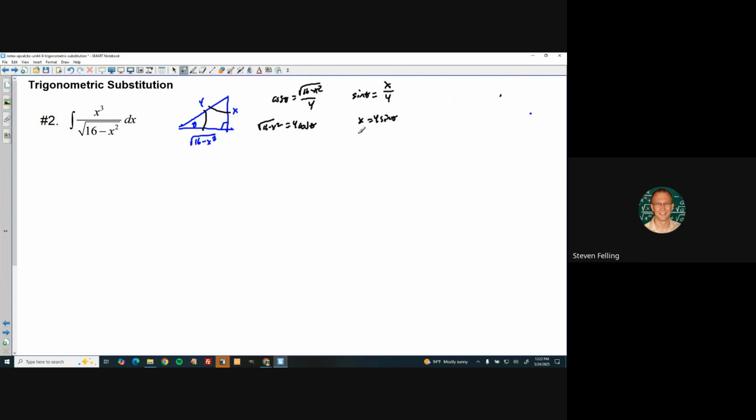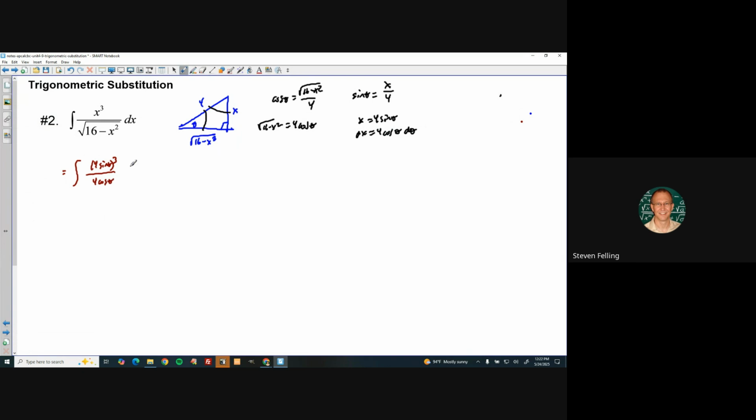We would take the derivative here and get dx is 4 cosine theta d theta, and then substitute in the integral. So to convert to a trig integral, this is equal to the x cubed in this case would be 4 sine theta cubed over the radical is being replaced with 4 cosine.